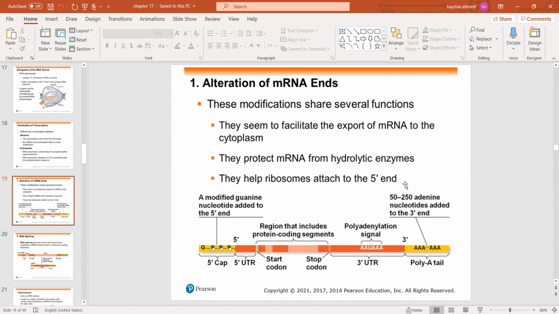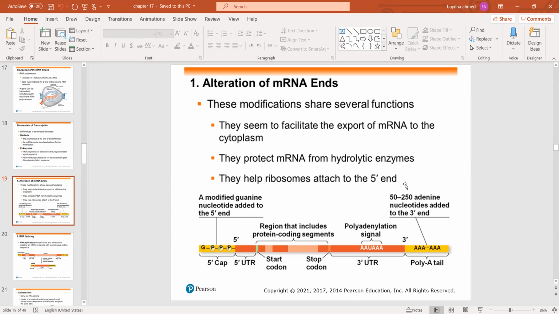So the 5' end, which is synthesized first, receives a 5' cap, a modified form of guanine nucleotide added onto the 5' end after the first 20 to 40 nucleotides have been transcribed.